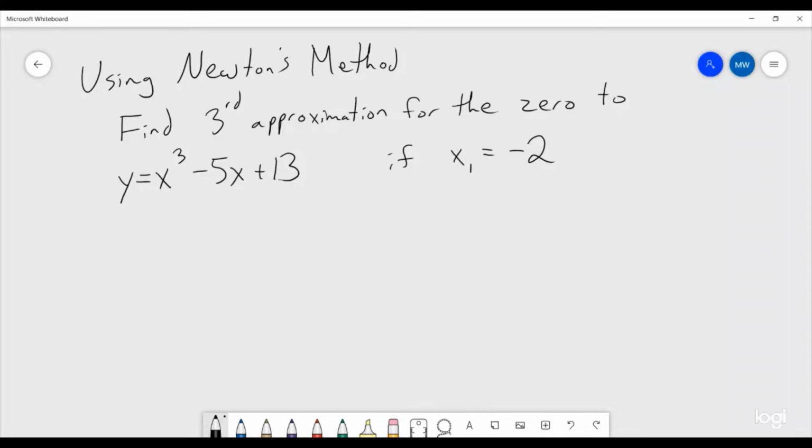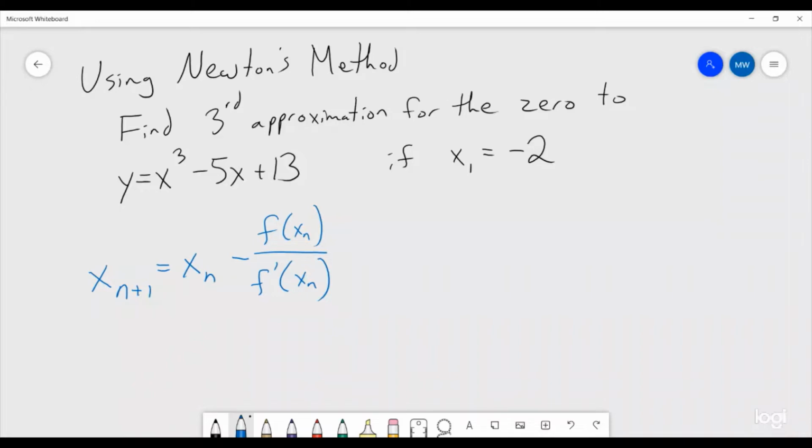Alright, if you don't remember, this is the formula for Newton's method. It's x sub n plus 1 is equal to x sub n minus f of xn divided by f prime of xn. So that's the formula for it. It actually comes from just the equations of lines. And so you can go ahead and try and figure that out, or you can check out this video that I made.